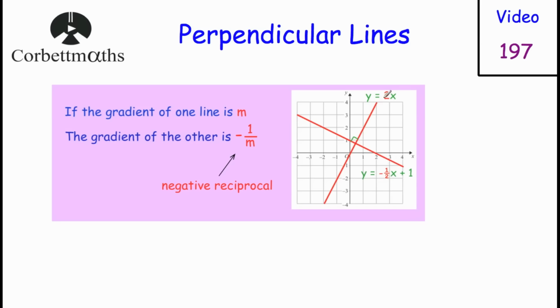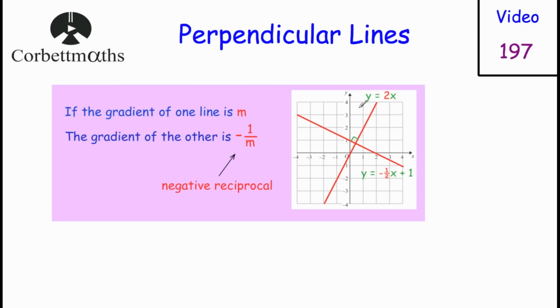The reciprocal of 2 is a half, and the negative reciprocal of 2 would be minus a half. So if you know the gradient of one line, if you find the negative reciprocal of it, you'll find the gradient of the other line. So here, if you knew the gradient was equal to 2, take the reciprocal, which is a half, and then make it negative, minus a half, and you will find the gradient of the line that's perpendicular to it.